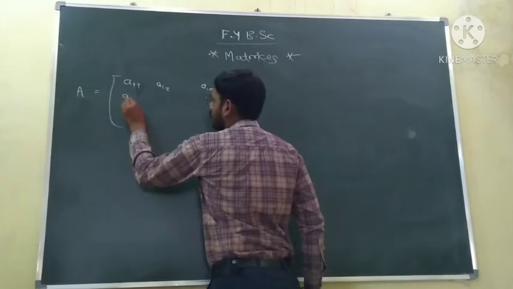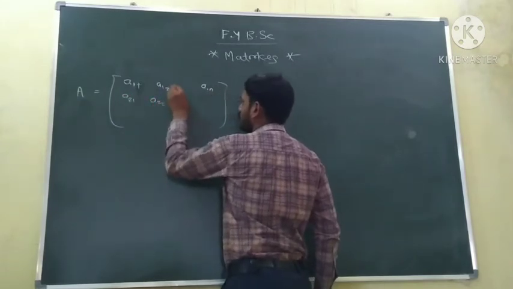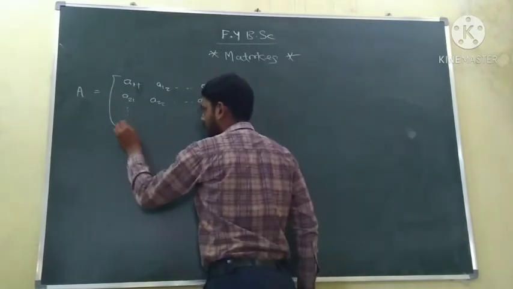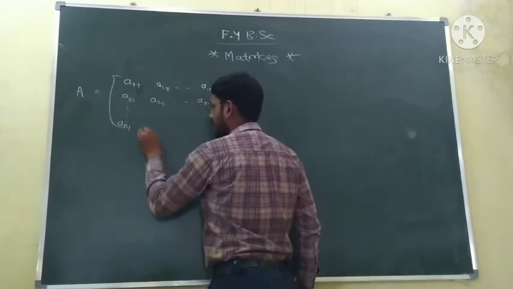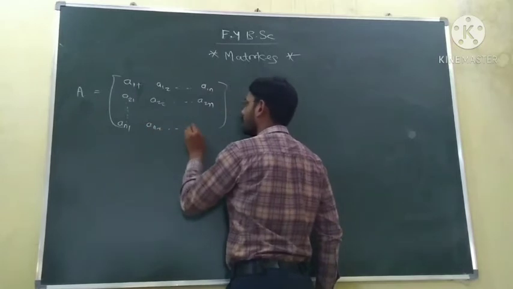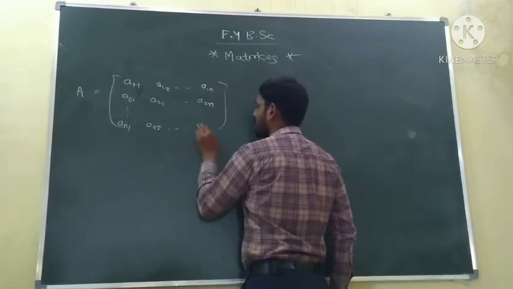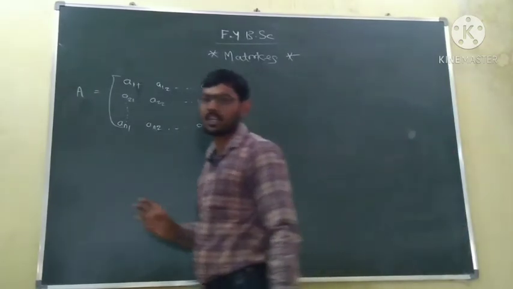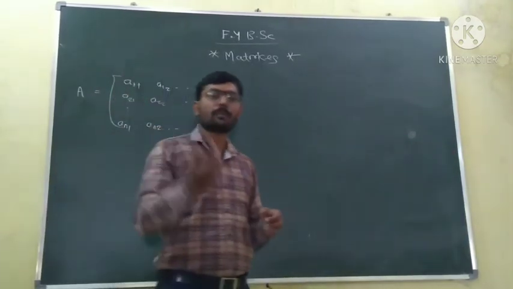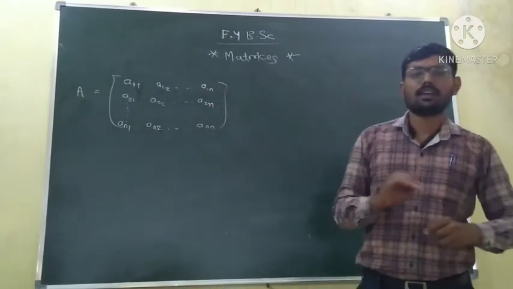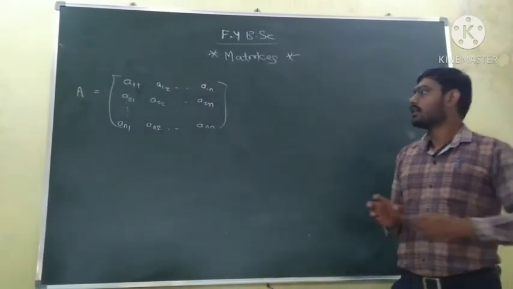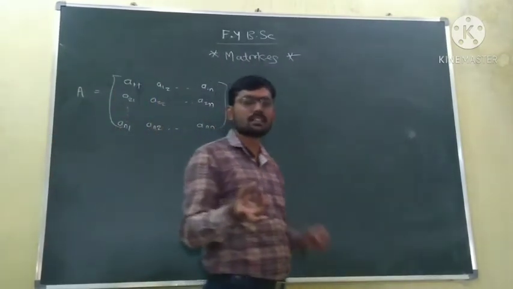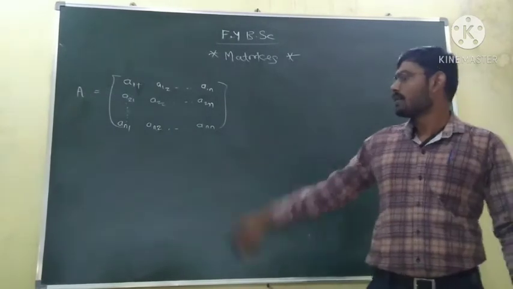Here A21, A22 up to A2n. Continuing this way, somewhere there is An1, An2 up to Ann. This type of array, satisfying some operations like additions, subtractions, multiplications, is called a matrix.